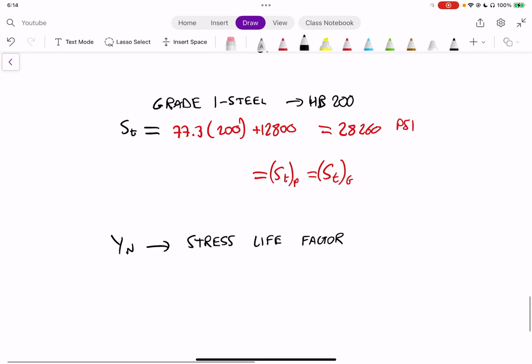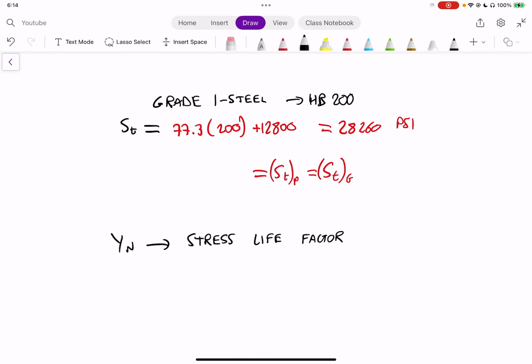So whenever we look at safety factor, we have to account that its life might be longer or shorter depending on its uses. And the AGMA method assumes that the design and the safety factor is calculated for 10 to the 7 cycles, or in other words, 1 million cycles.